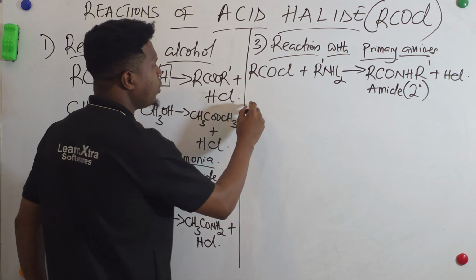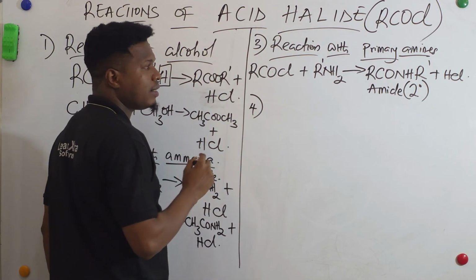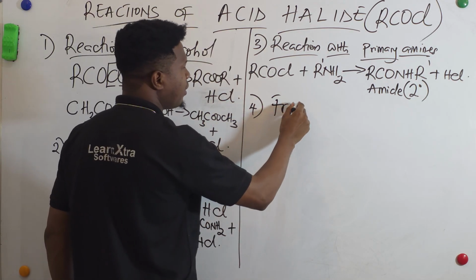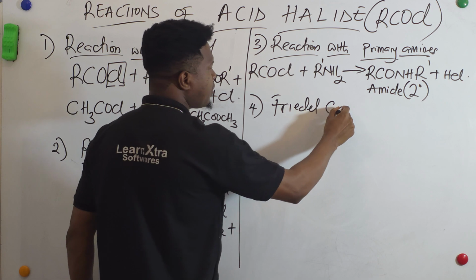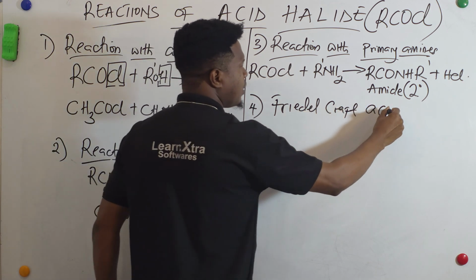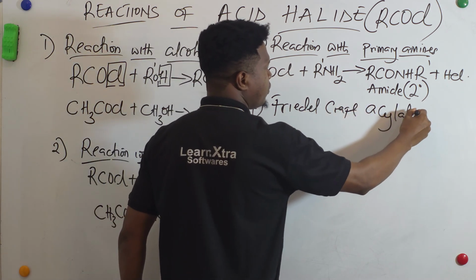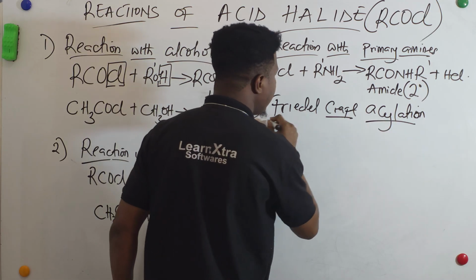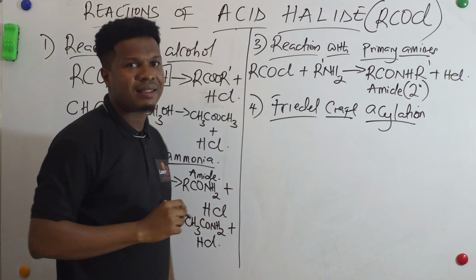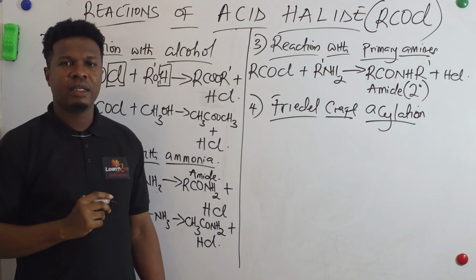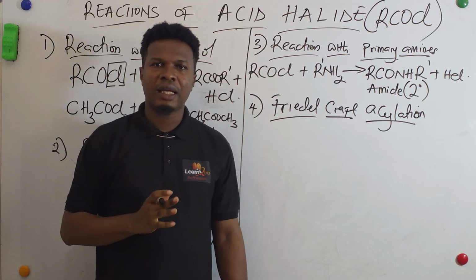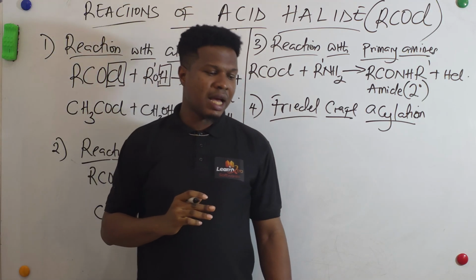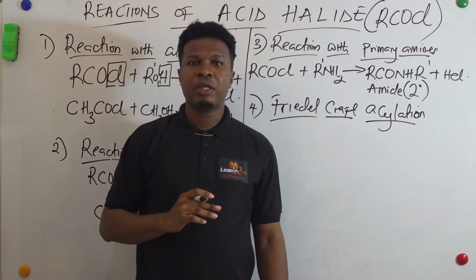The next reaction of acid chloride is the famous Friedel-Crafts acylation. This is simply the reaction of an acid chloride with benzene in the presence of a catalyst, a Lewis acid. An example is aluminum chloride.